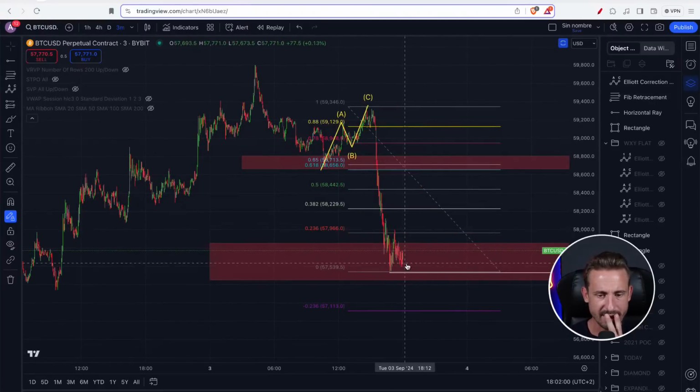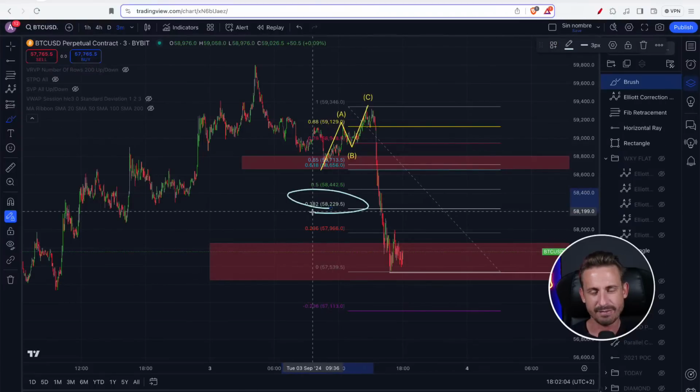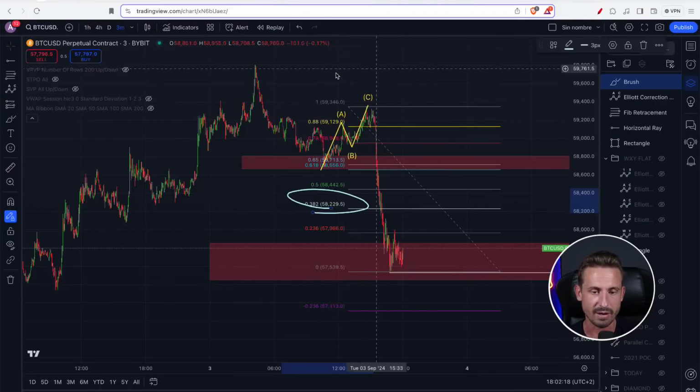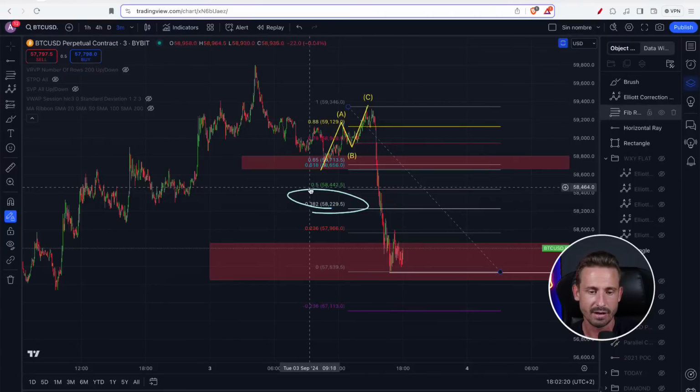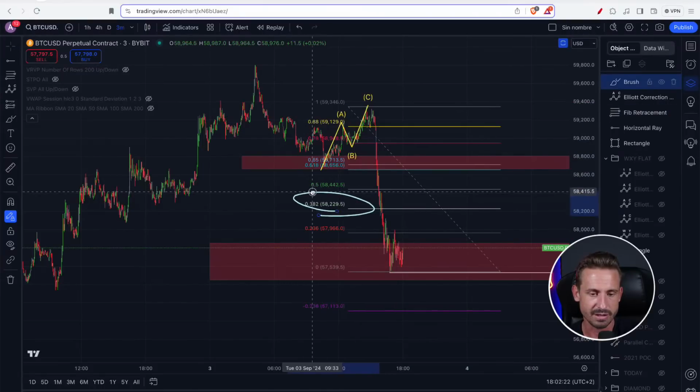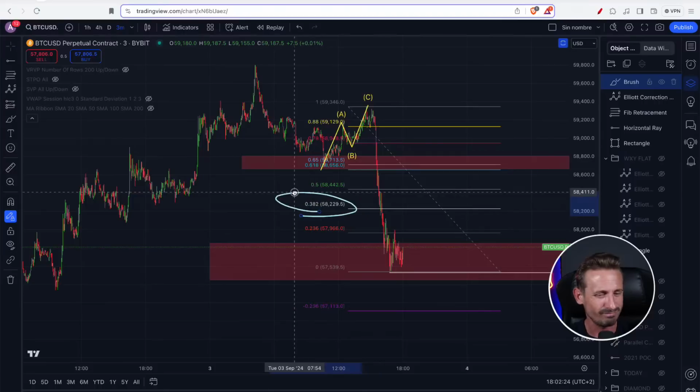A bounce from here needs to happen at least to the 382. That is kind of the most of the times the 382 is hit. Something like there's a probability of 70 odd % of the 382 being hit in a wave 4, right? Or in any wave, basically. In any wave, the 382 is kind of the minimum real Fibonacci.